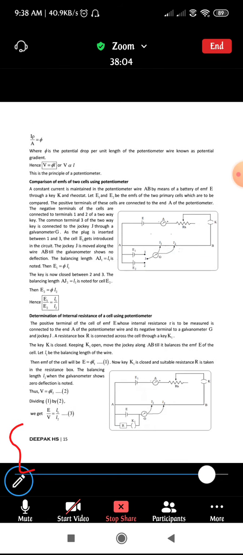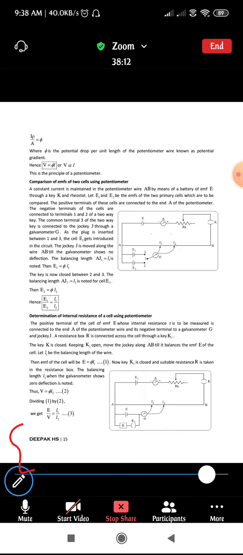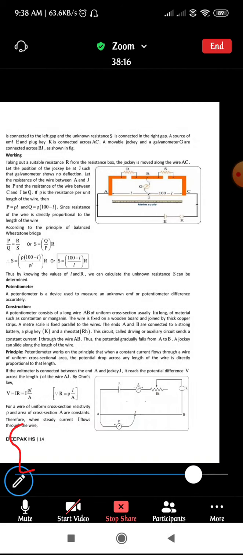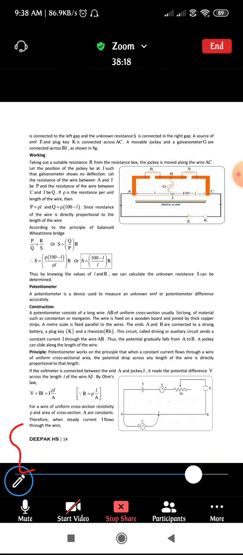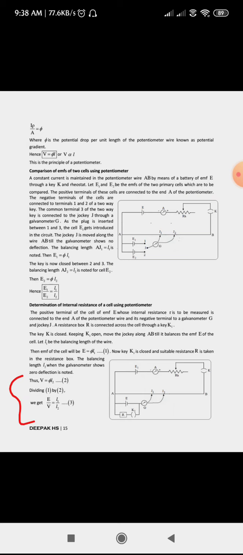You do one thing. Anyhow, we have only 2 minutes left. I have forwarded these notes in the group. Please go through this potentiometer. Go through the principle first, next go through the explanation. In case you have any doubts, please let me know in the next class.